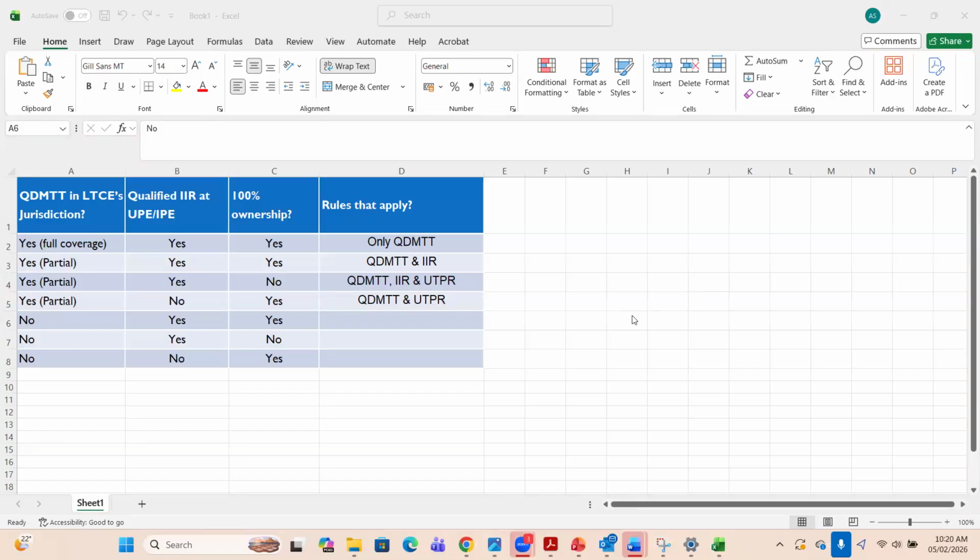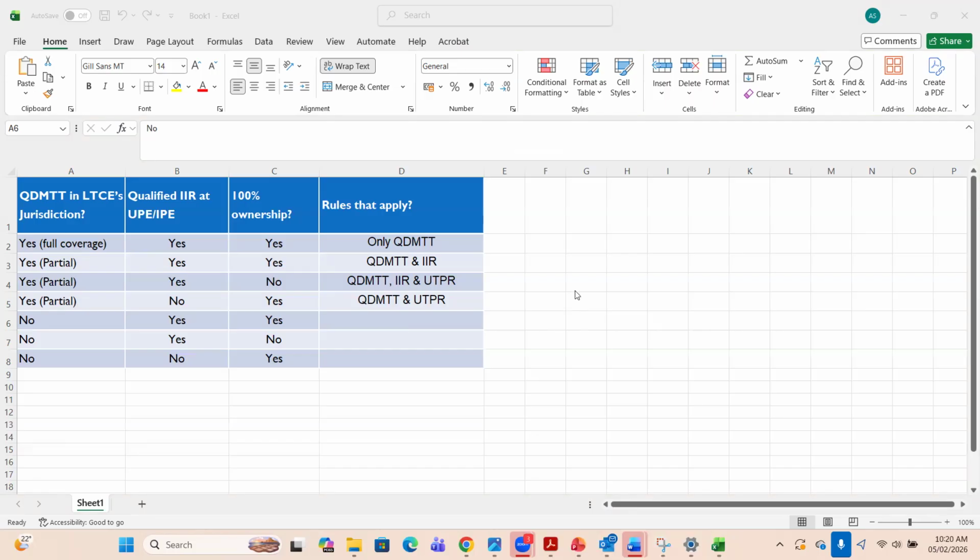Now, okay, there is a question. UTPR qualification is different from IIR qualification. Absolutely, Melvin. IIR is only for UPs and IPs, correct? It's a top-down approach. So you have to see if these UPs and IPs have qualified IIR status. UTPR is perfectly different. For UTPR, you have to see if those other constituent entities which are not UP or IP have a qualified UTPR status.